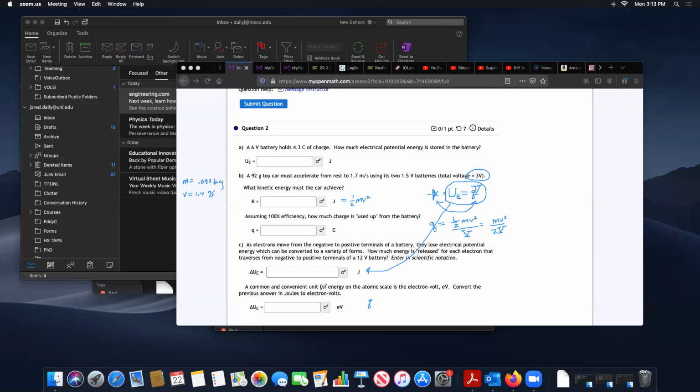So if you have 1 electron moving through 12 volts, then that equals 1 electron volt. Instead of multiplying Q times V, you just say, how many electrons do I have multiplied by V? And if you just have 1, then it's 12 electron volts for this particular problem right there. 12 eV.